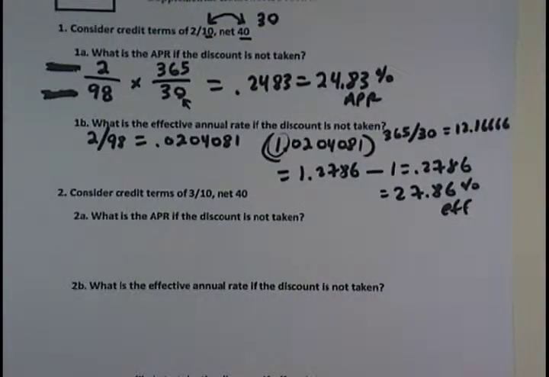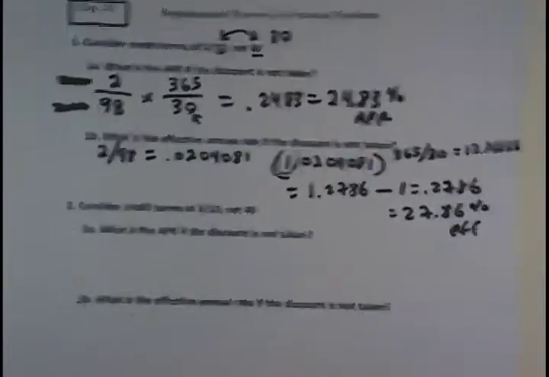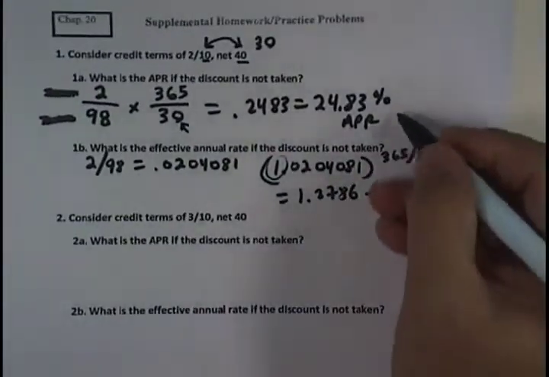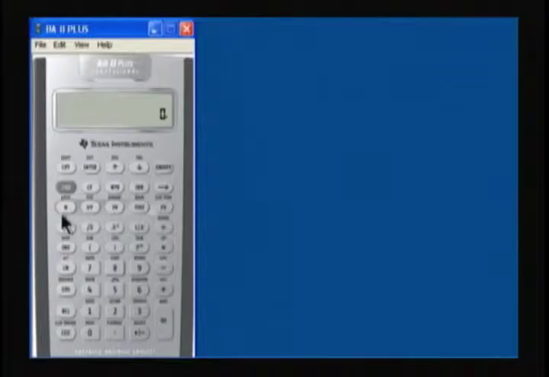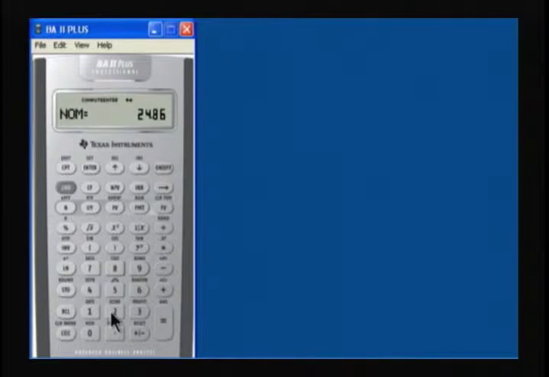You could use interest conversion if you would like, since we already have an APR. Let's use the interest conversion on our calculator to calculate that effective rate. Second 2. Our nominal rate is 24.83% from Part A. Enter it.